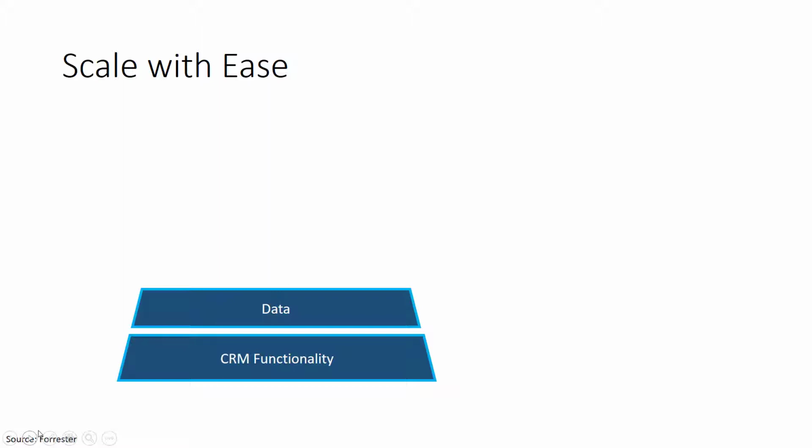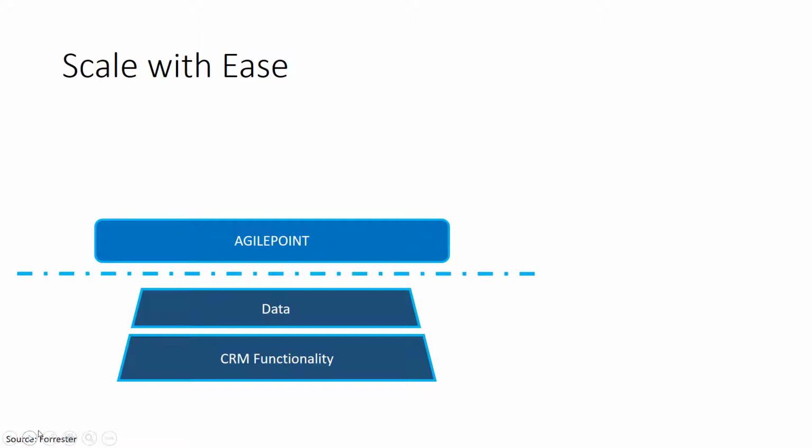So rather than customizing the CRM system directly, ask yourself, just because I can, does that mean that I should? Well, in many cases, AgilePoint offers a much more scalable approach and one that enables you to deliver customizations of greater complexity much easier and much more cost effectively.